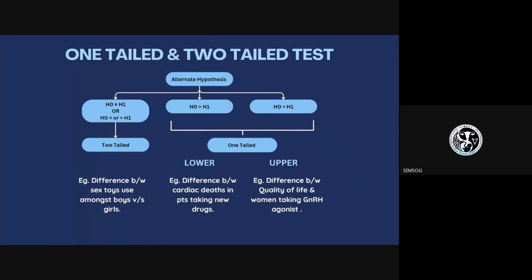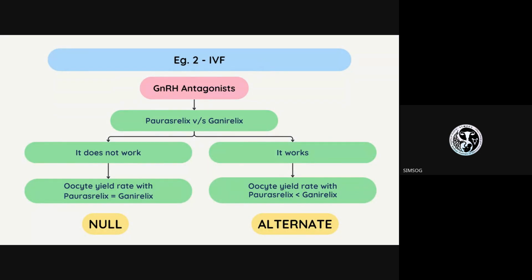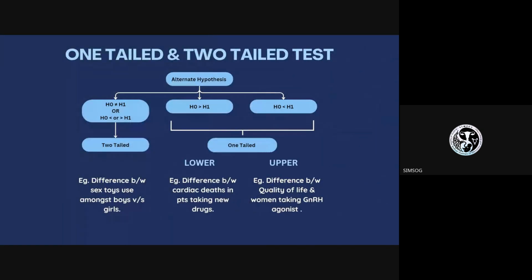But one catch I would like to mention is there is something called a one-tailed or a two-tailed test, which depends on the alternate hypothesis. Let's consider this option itself. I want to prove that my drug, Pauras relics, is better, and I want to compare it to Gani relics. Or let's take the example given below.